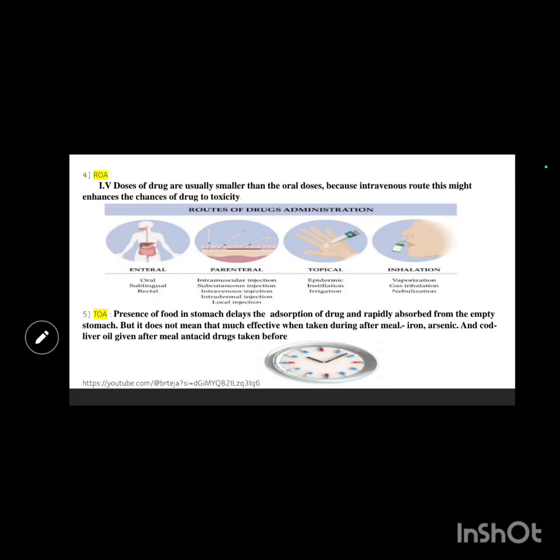Intradermal injection is given between the skin epidermis and dermis, and it is used for drug patches. Local injections, for example local anesthesia. Say you injure your hand and go to the hospital with a bone fracture.